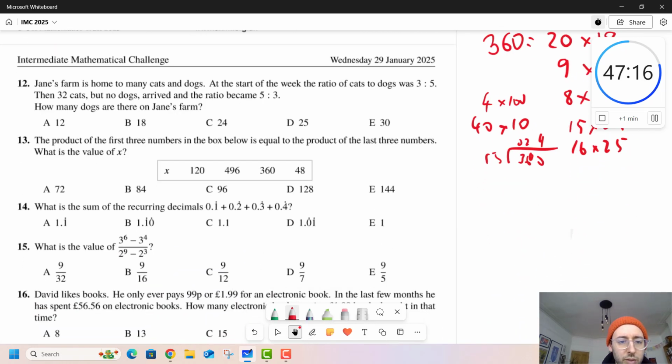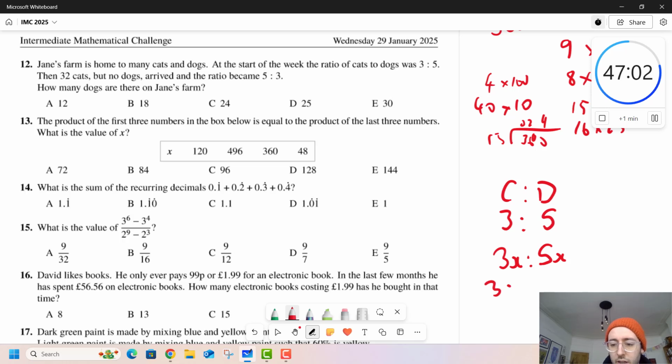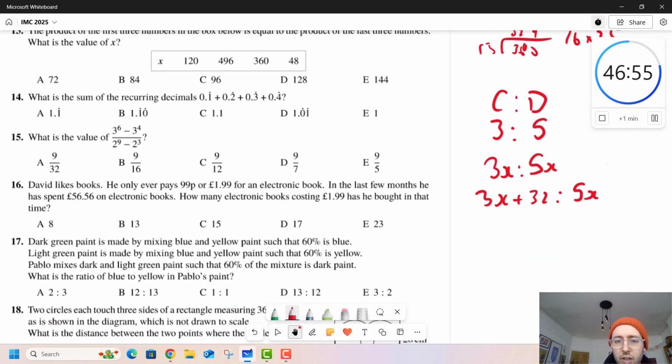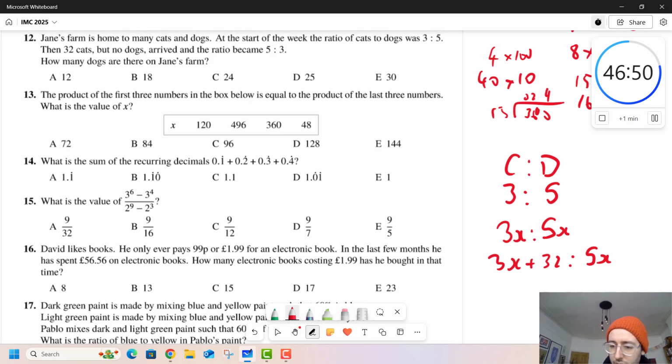Yeah, so 15 plus 24 is 39. Cool. The ratio of cats to dogs, C to D, was 3 to 5. There were 32 cats, but no dogs arrived. So at the start it's 3 lots of something, 5 lots of something. Then we've got 3x plus 32 to 5x, and that became 5 to 3. So 3x plus 32 over 5x equals 5 over 3.